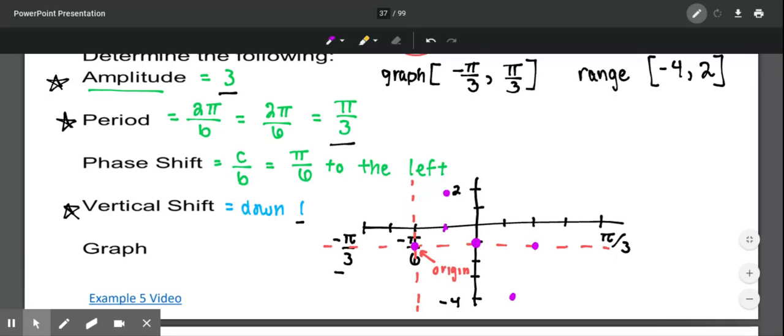We go back to 0, back up to 2, back to 0, right? And then we were up, so now we're down, and then we're back up. And so then you can draw the graph through there, right? And it just keeps going forever.